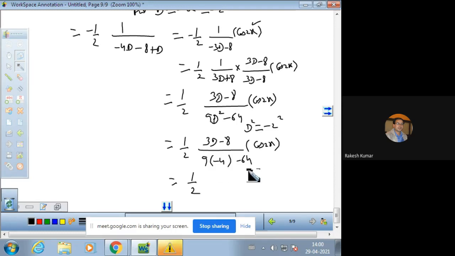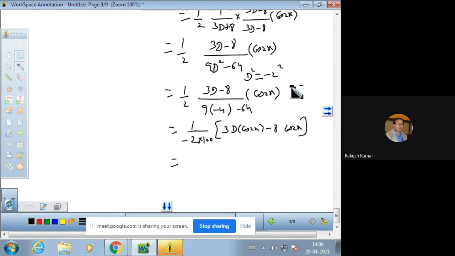That comes out to be 100. And you multiply it with 100, negative sign, and D is in the numerator. So D of this will be the derivative of cos 2x minus 8 cos 2x. So D stands for derivative, because we know that the value of D is d/dx.